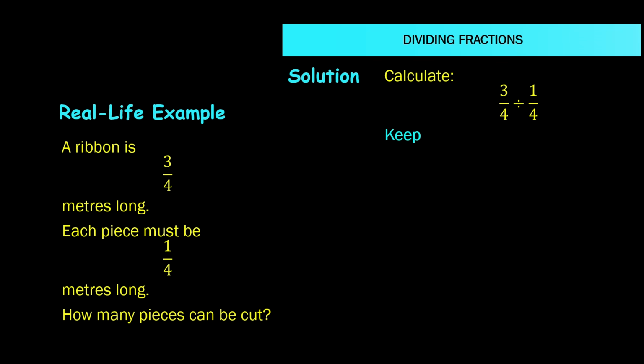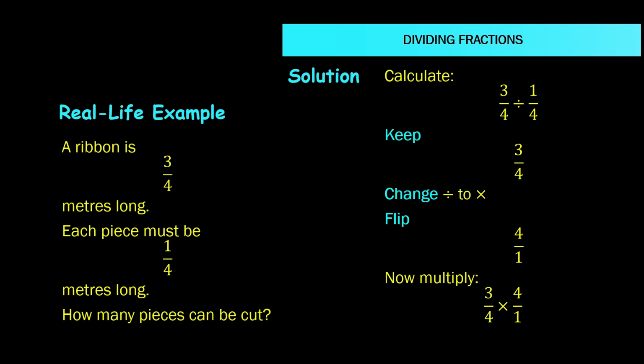So as before, we keep 3 over 4, then we change divide to multiply, and we flip 1 over 4 to give 4 over 1, and then multiply.